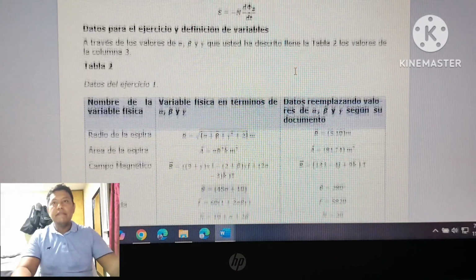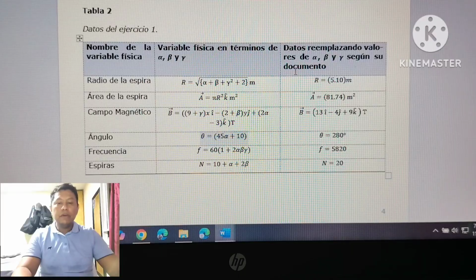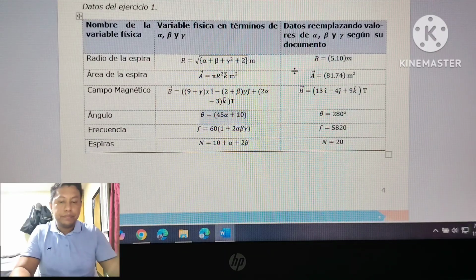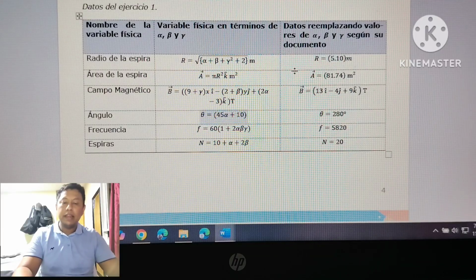1. The definition of variables. The radius of the coil is 5.10 meters. The area of the coil is 81.74 square meters. The magnetic field vector B is 13 in the I direction, minus 4 in the J direction, plus 9 in the K direction, in Tesla.